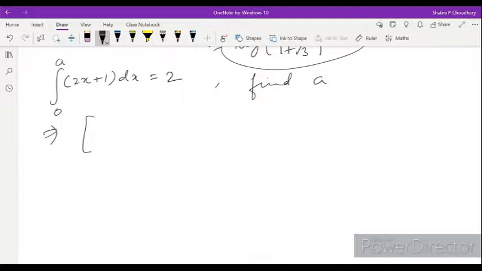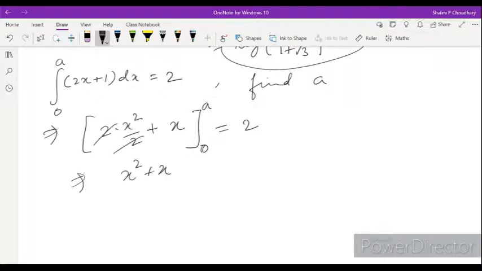The integral of 2x plus 1 with respect to x will be 2 into x square upon 2 plus x, from 0 to a, which is equal to 2. So x square plus x from 0 to a is equal to 2.